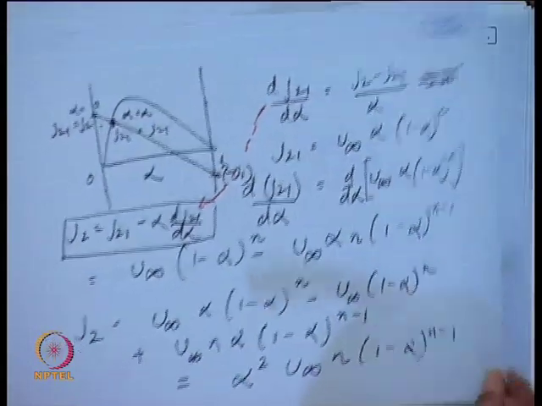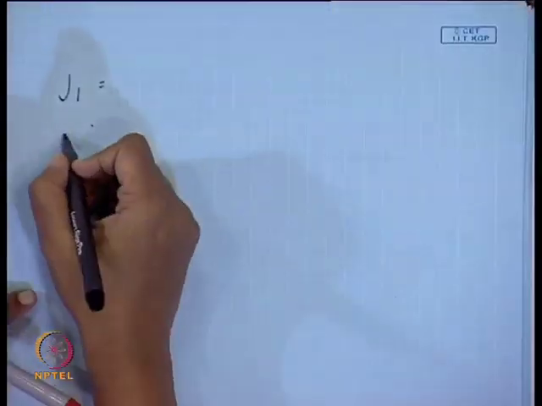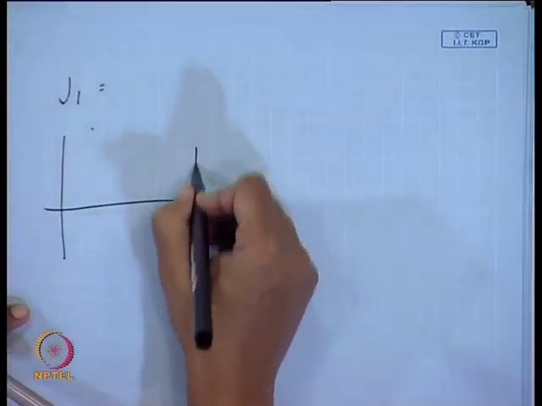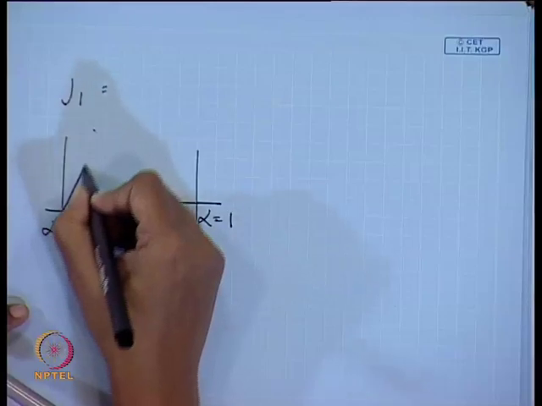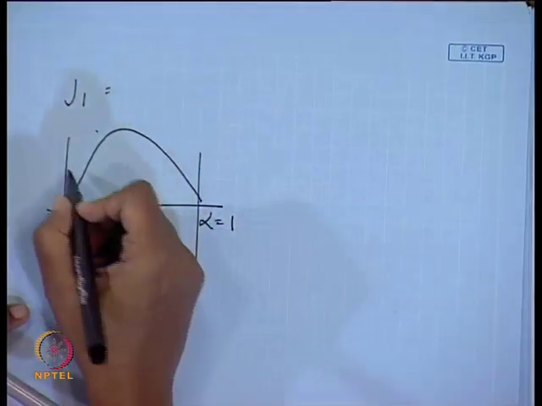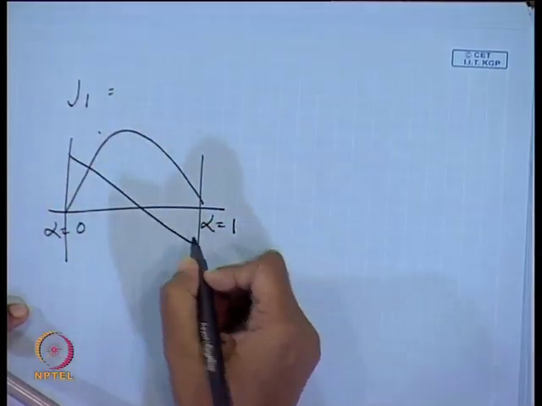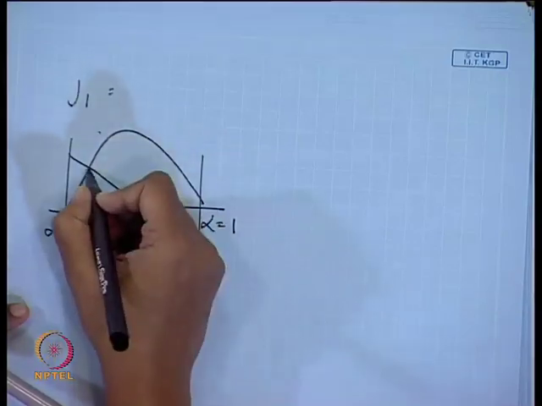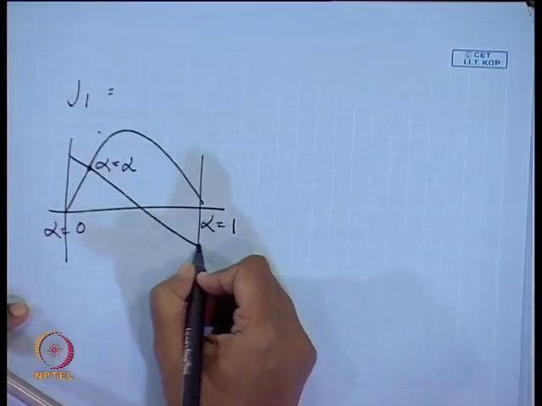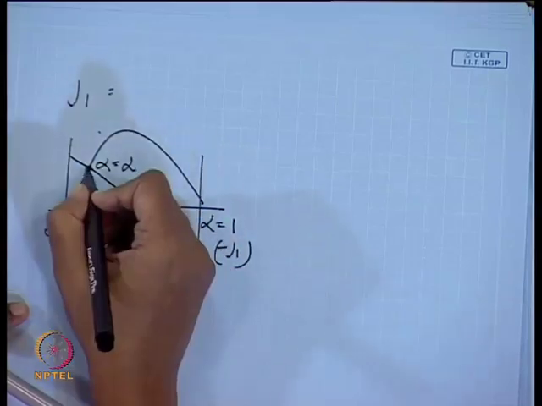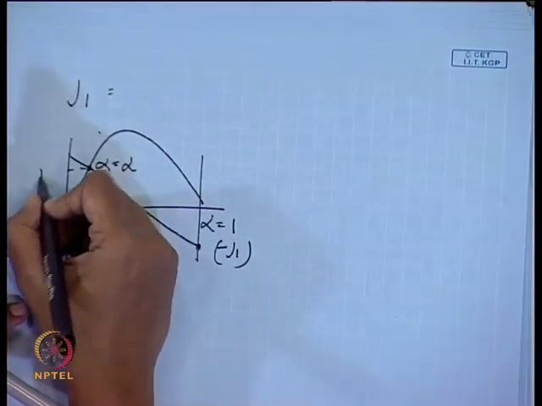So, therefore, let me draw it once more. This is alpha equals to 0, alpha equals to 1, this is the curve, this is the line. So, in this line this is alpha equals to 0, sorry alpha equals to 1, this is alpha equals to alpha, this is minus J1 and this is J21.